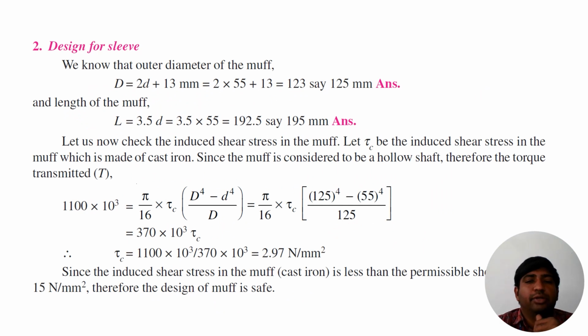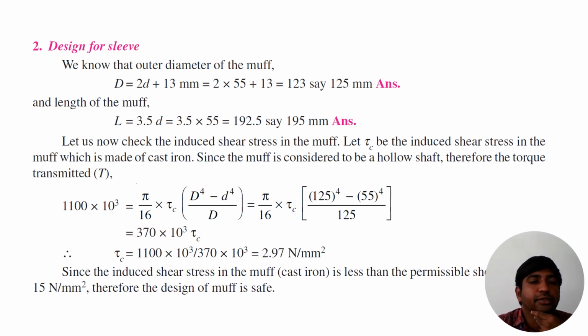Let's move on to the calculation of the sleeve. Capital D is the diameter of the muff or sleeve. D is equal to 2 small d plus 13. We take this formula from the data book, as I already pointed out.